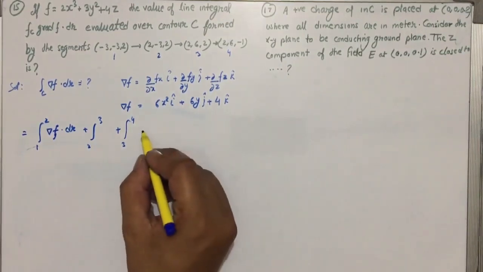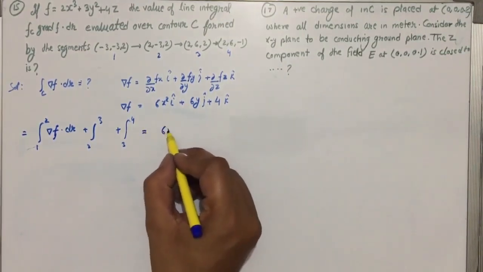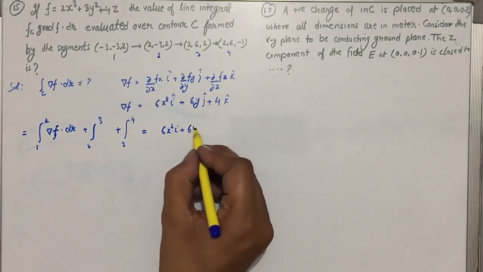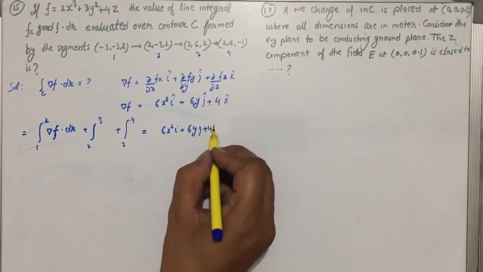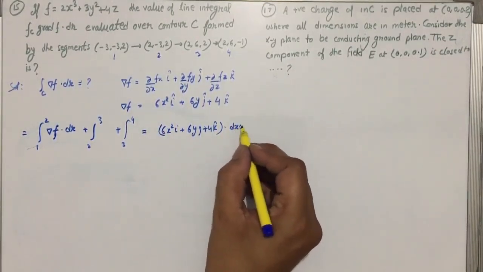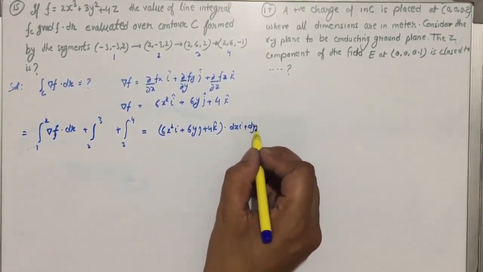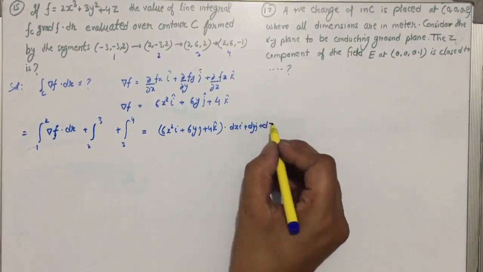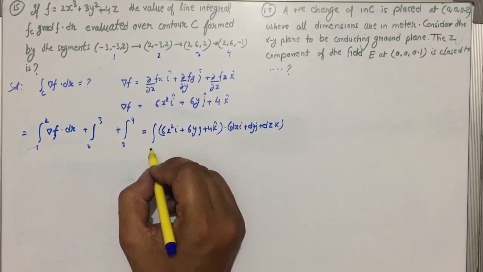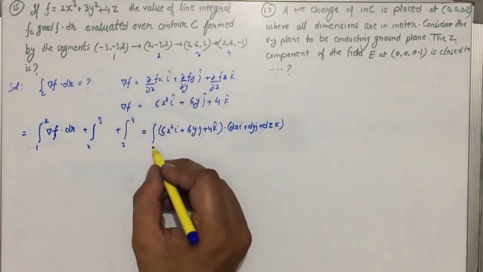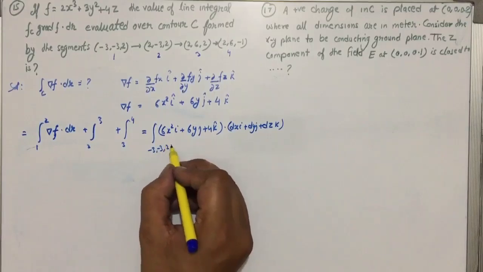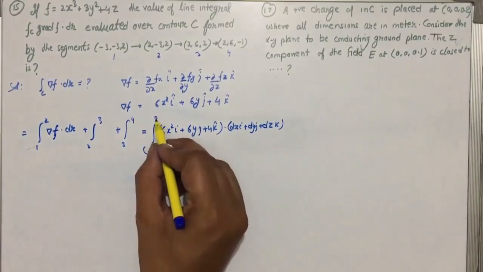If we put the value 6x square i plus 6y j plus 4k dot dx i plus dy j plus dz k, then for 1 to 2, x goes from minus 3 to 2.